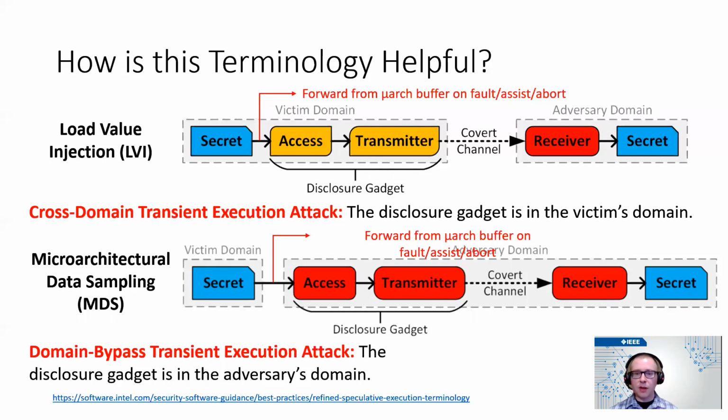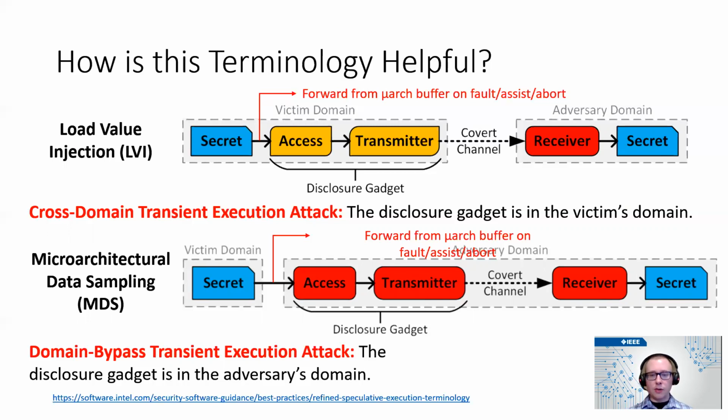For example, there is actually a close relationship between load value injection and another potential vulnerability that was disclosed earlier in 2019 called microarchitectural data sampling. There isn't much time to go into depth on microarchitectural data sampling today, but on the surface, if you read the papers, it seems very different from load value injection.